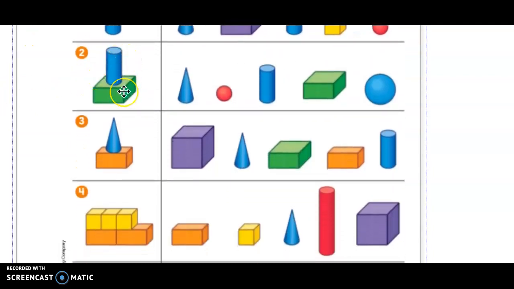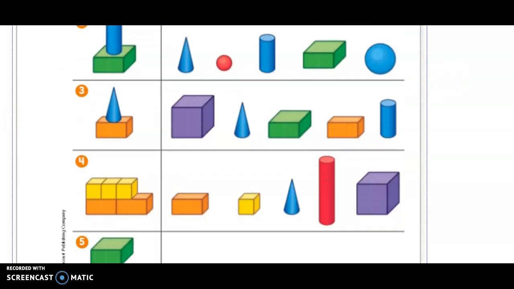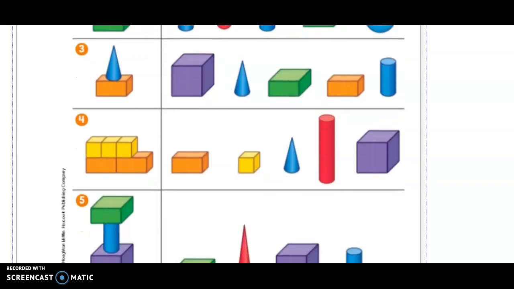What 2 shapes do you see here? I can see a cylinder and a rectangular prism. Look over to the right here and circle those 2. Number 3, we have a cone and a rectangular prism that go together to make a new shape. And circle them over here.